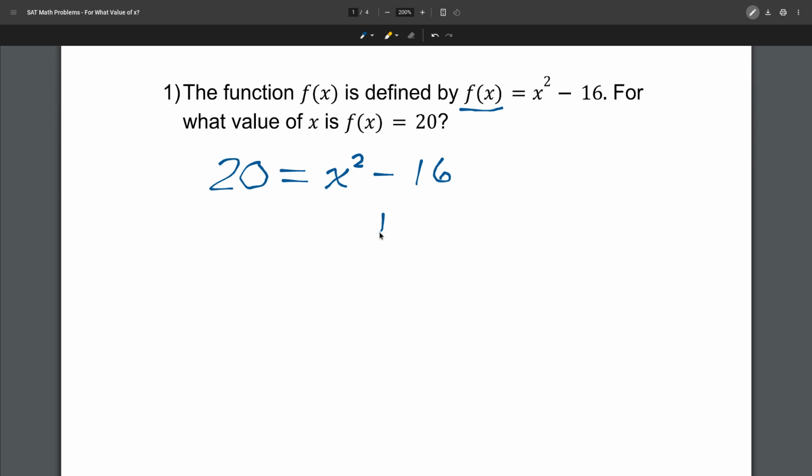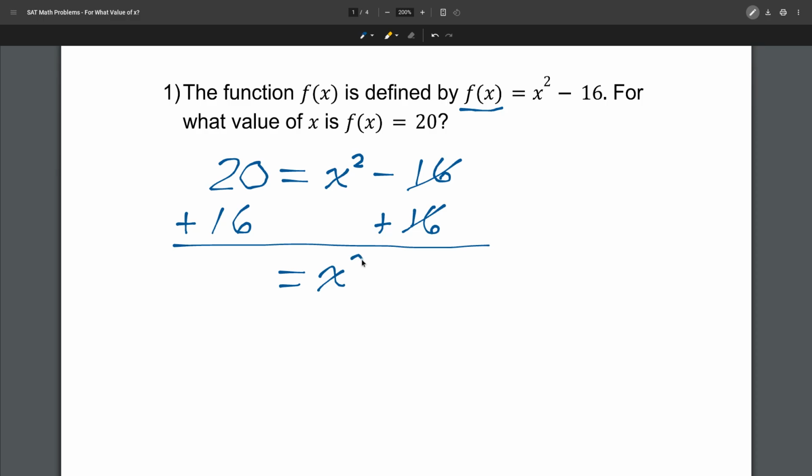We're then going to add 16 to both sides. Negative 16 plus 16 is 0, so these cancel out. And on the right-hand side, we'll get x squared. 20 plus 16 is 36.